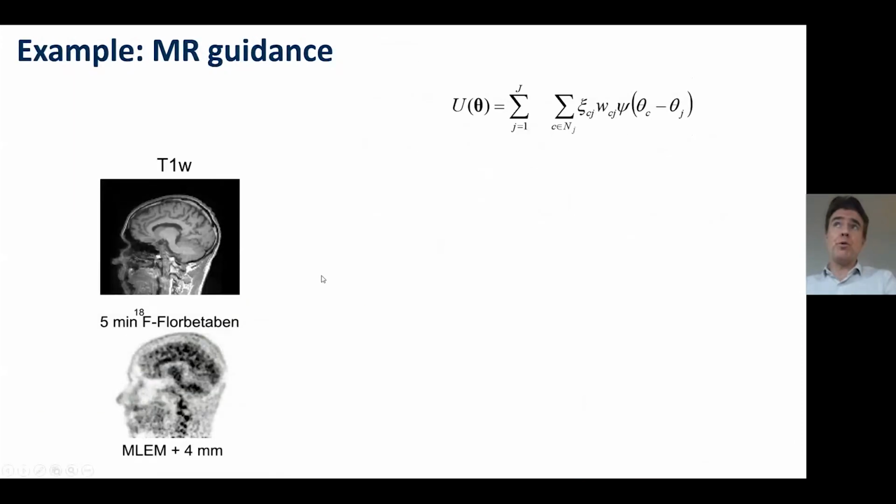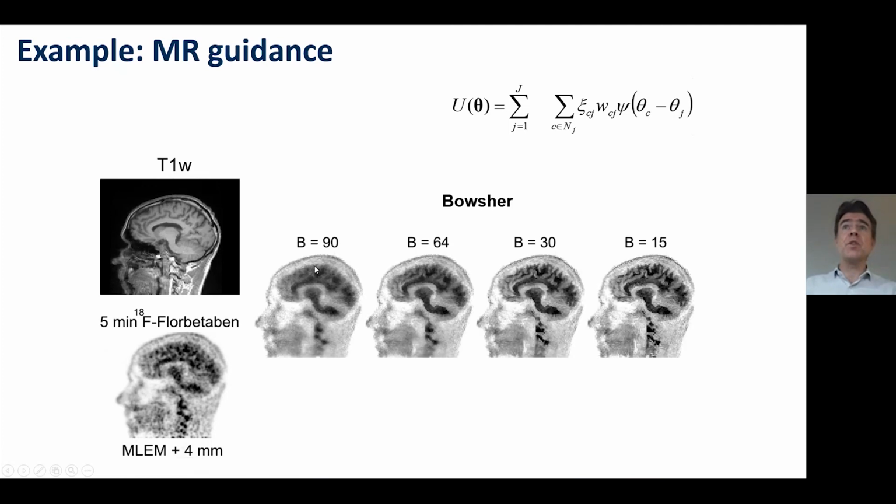These are the kind of results that we would get from that. Imagine we just use regular MLEM with a post-smooth for only 5 minutes of fluorine-18 labeled florbetaben data here. If I use the method I've just talked you through, the Bowsher prior, then these are the kind of results that we get. Now here, what I've done is allow a large neighborhood, which is effectively saying we don't care about MR similarities, let's just include it all in that energy term. And so it effectively does smoothing even across boundaries.